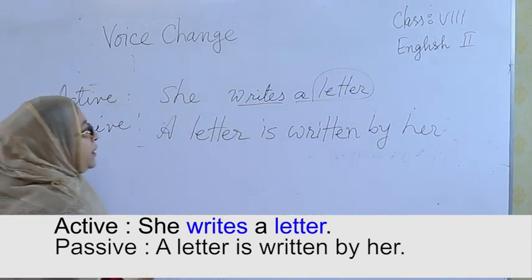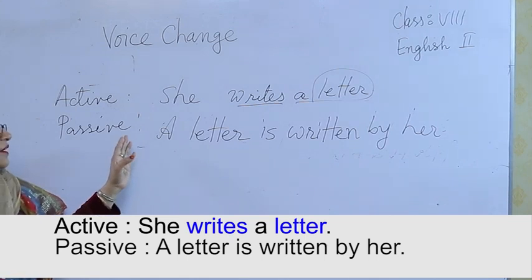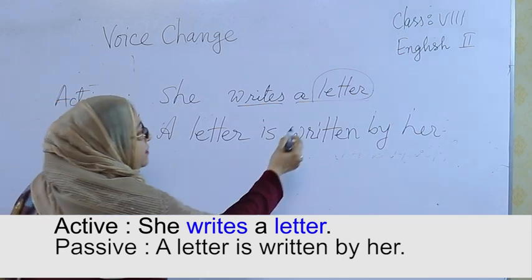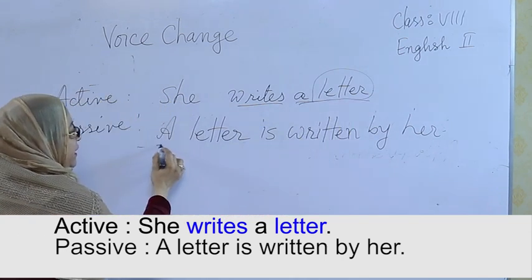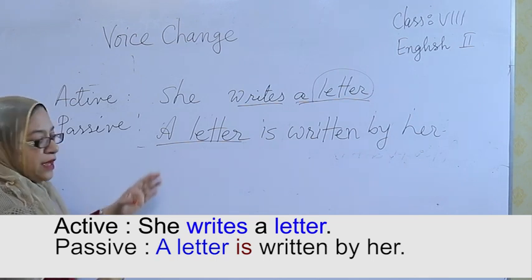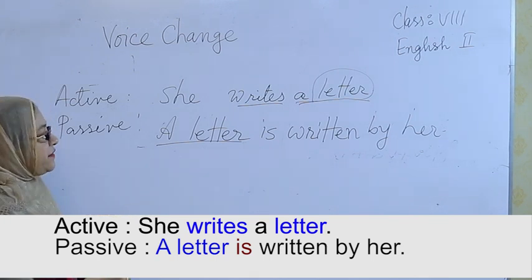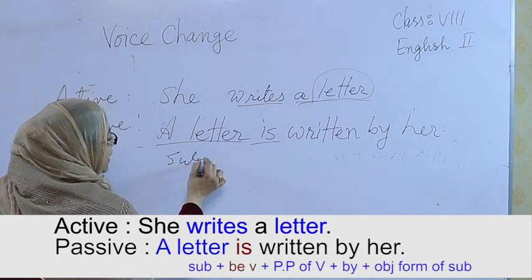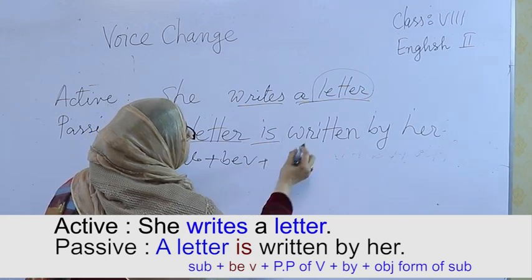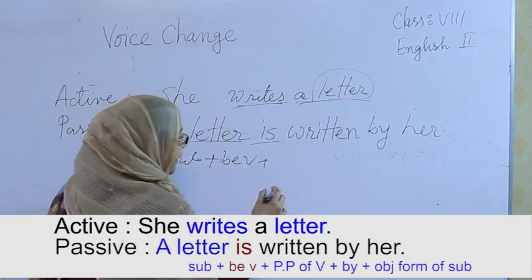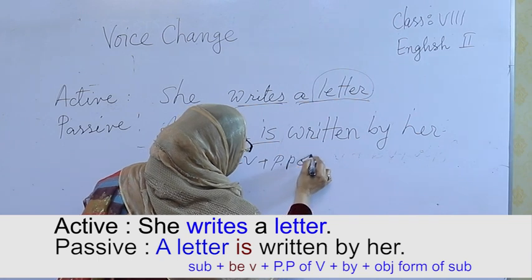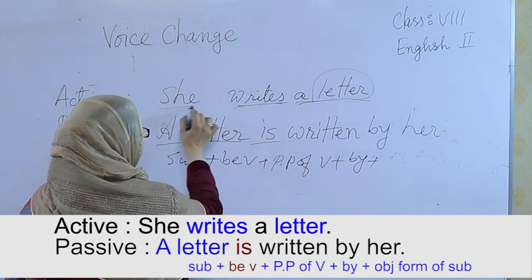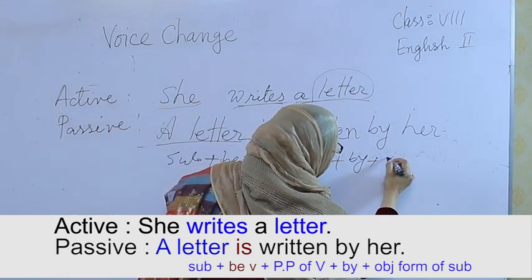Look at the board. Here I turn the active voice to passive voice. The object of the first sentence, a letter, becomes the subject of the sentence, and then I write subject plus be verb plus past participle form of the main verb plus by, then the objective form of the subject.